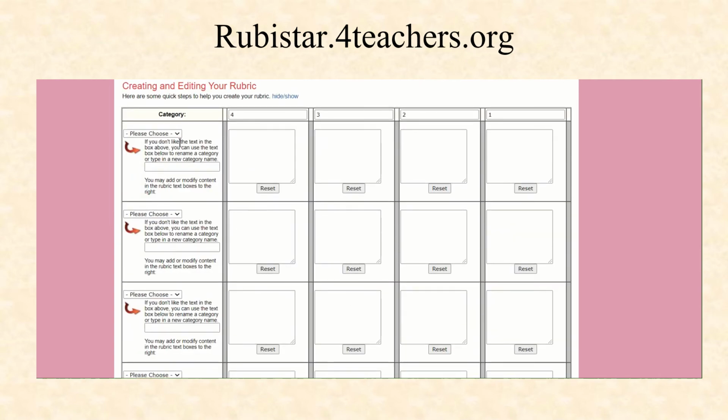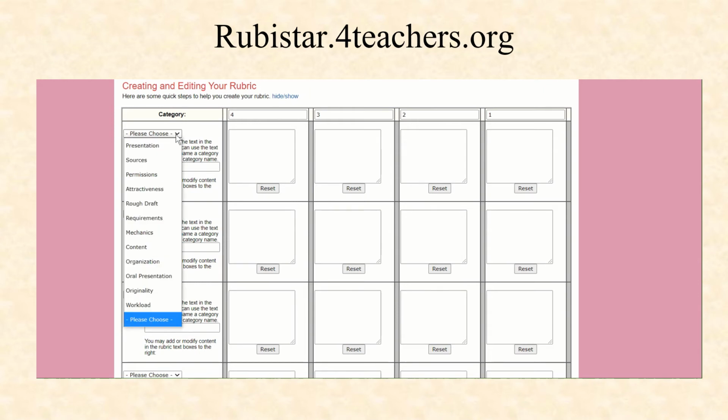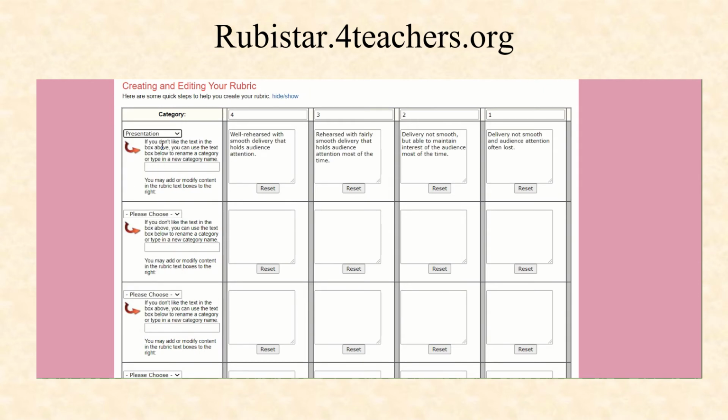Let me take a look at what types of categories they're suggesting. So they're looking at, for example, presentation and different aspects of whether it's rehearsed or well rehearsed, and how smooth it is and how the audience can react to it.